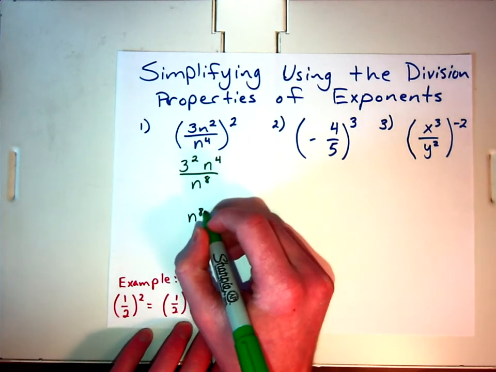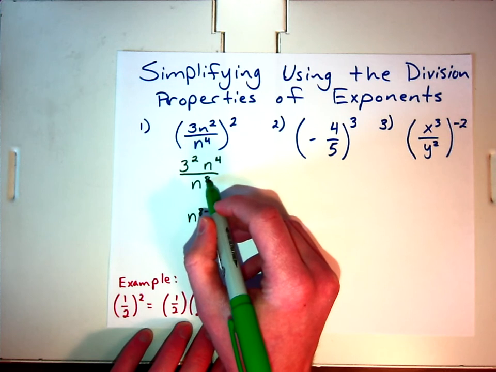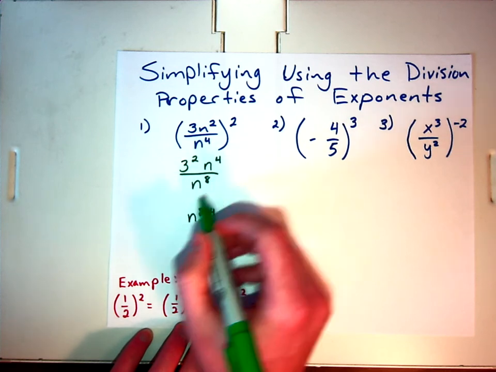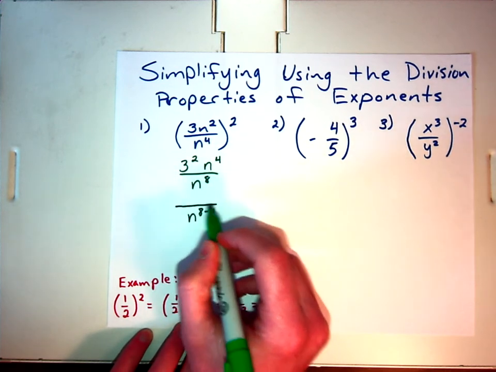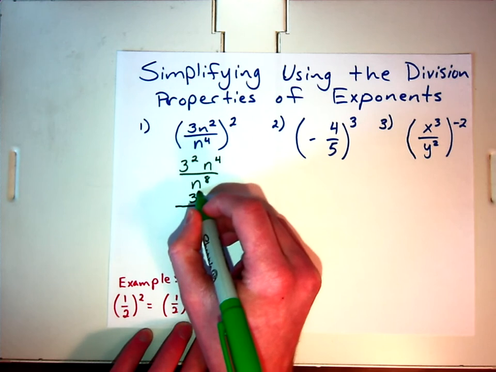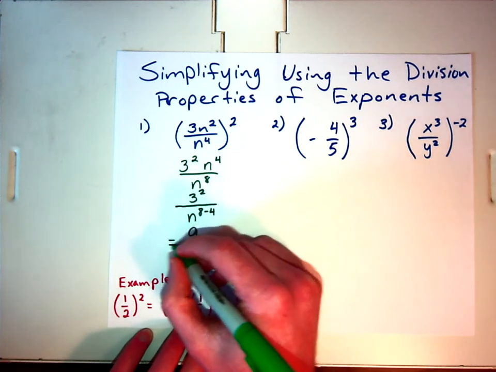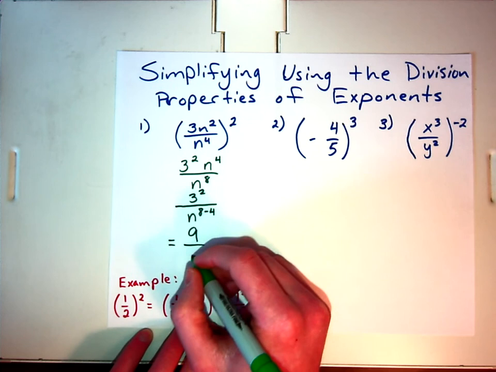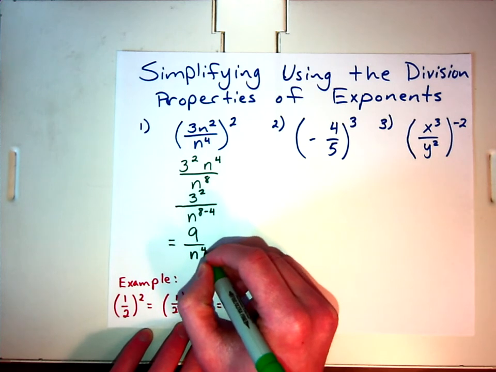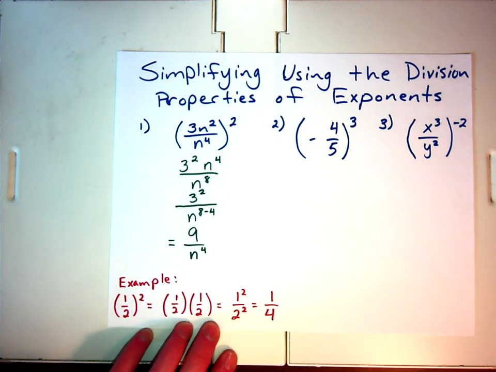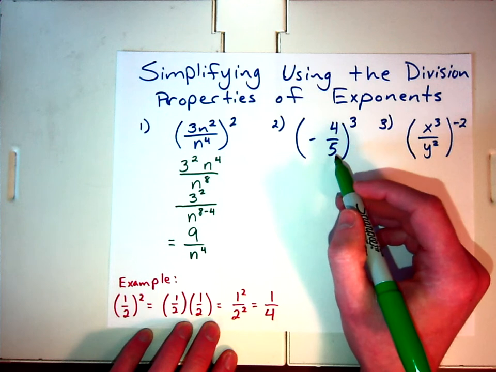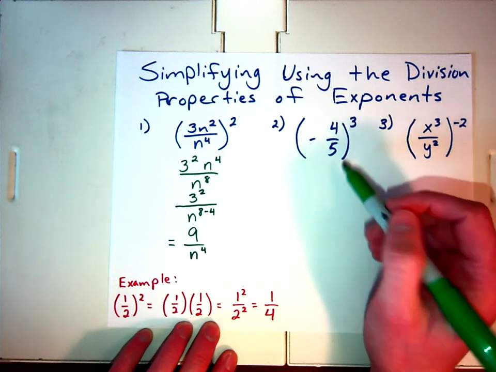It should be 8 minus 4, the power that's in the numerator, and we subtract the power in the denominator. And then we get 3 to the second power, and let's simplify it out. Well, 3 to the second power is 9, and 8 minus 4 is 4, so n to the 4th power. That is our answer.